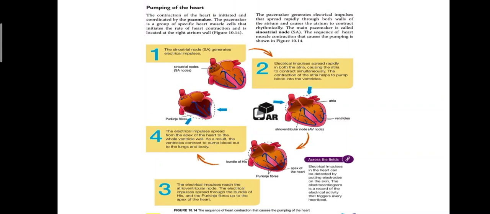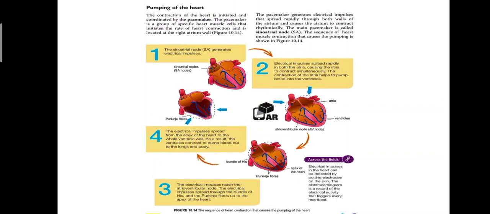The contraction of the heart is initiated and coordinated by the pacemaker. What is pacemaker? Pacemaker is a group of specific heart muscle cells that initiate the rate of heart contraction and is located at the right atrium wall.